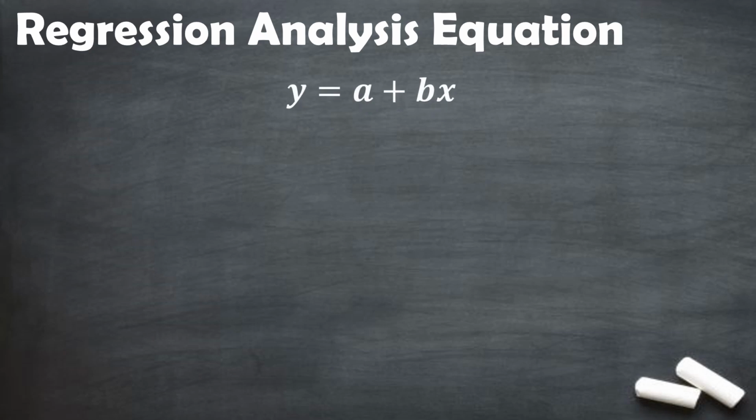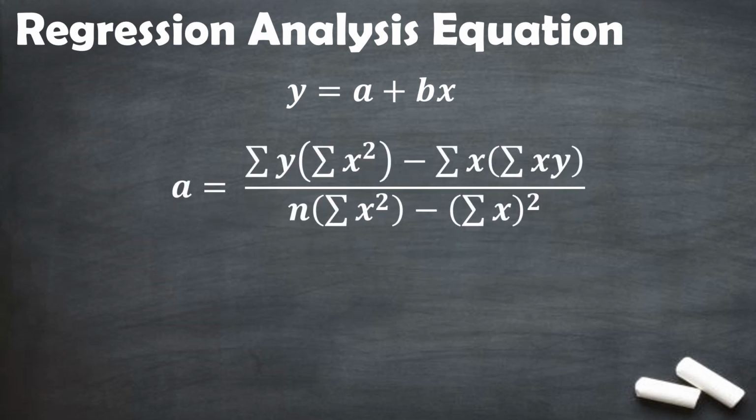Ngayon, if you will ask me if you have to graph the values given in the problem so that we can come up with the slope and the intercept, my answer is no po. We have a formula for a and another formula for b, or for the intercept and the slope values, so that you will not graph the given numerical values. All you have to do is follow the given formula.